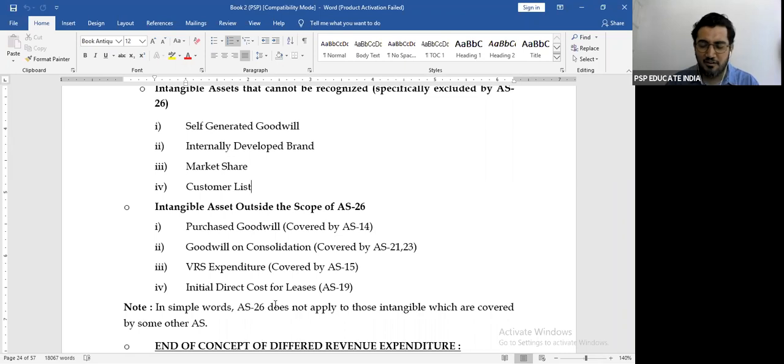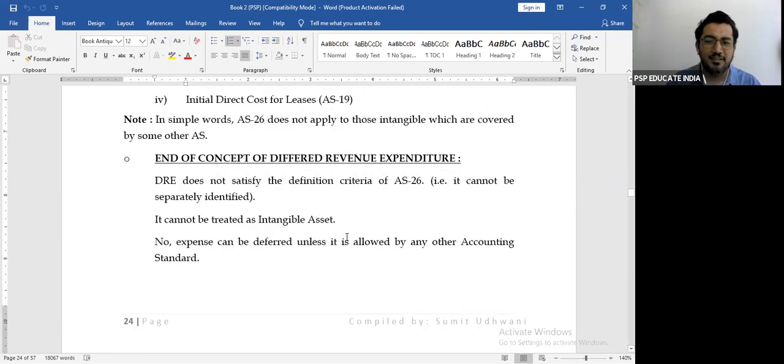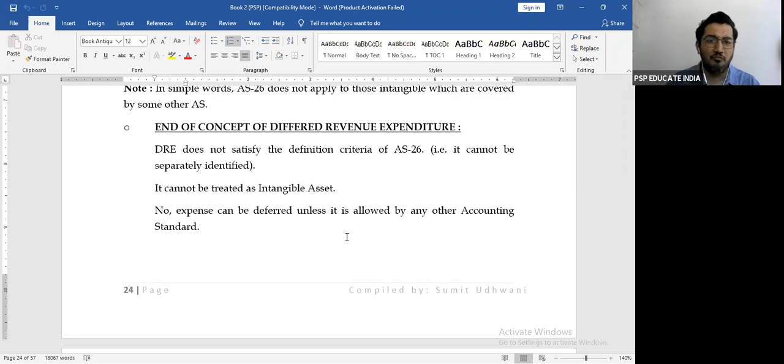AS-26 will apply only if no other accounting standard becomes applicable to that intangible asset. Are you getting it? That brings you to the end of the first part of your accounting standard 26.